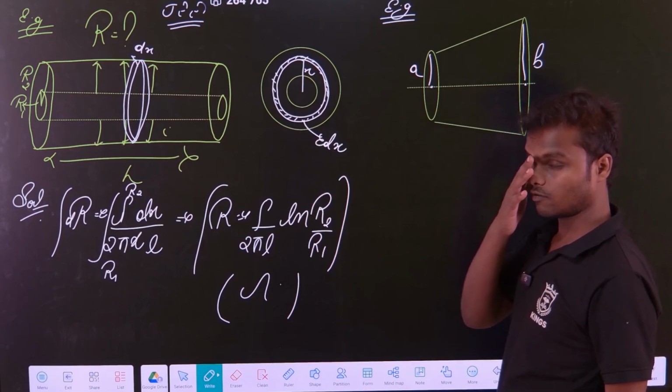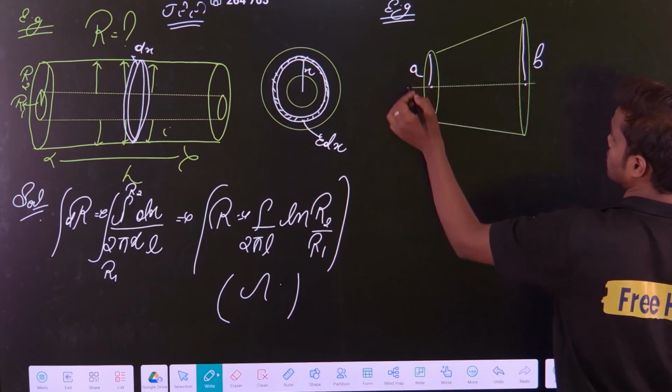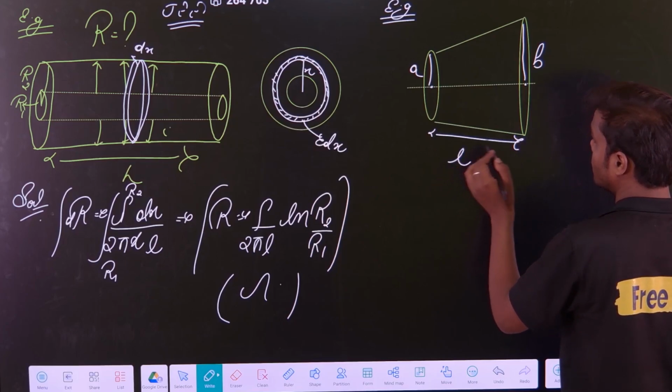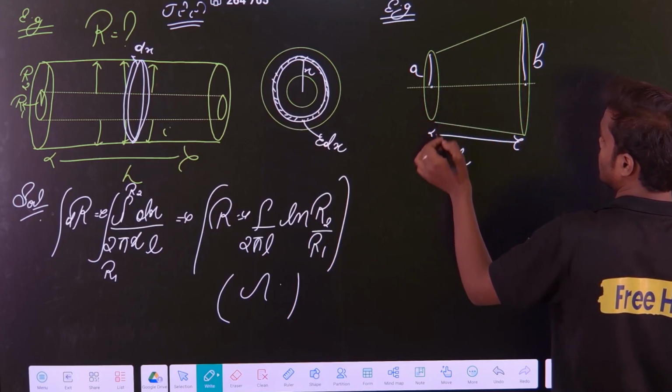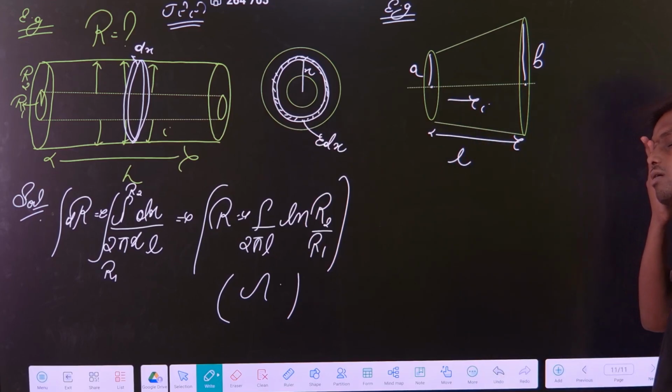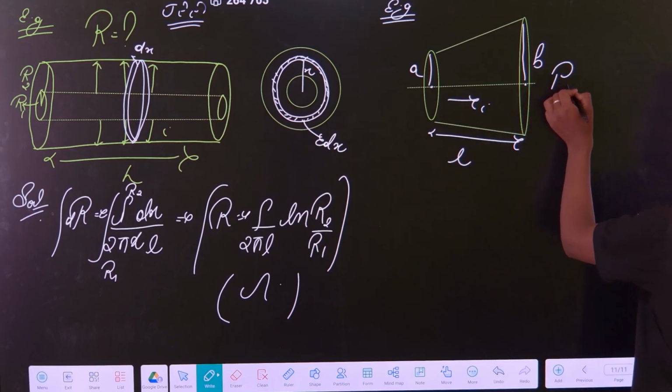And what is the direction of current? The current is going like this. Suppose this distance they have given as L, and current is going like this. Obviously current is I. You have to find the resistance R.